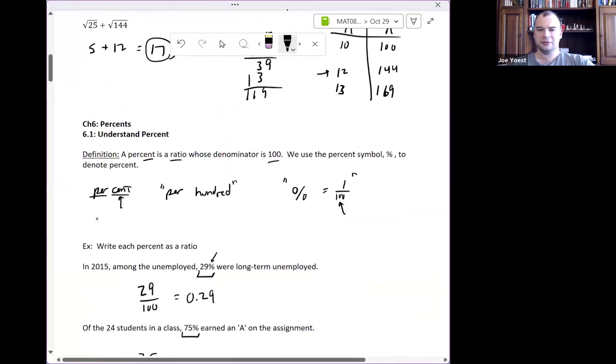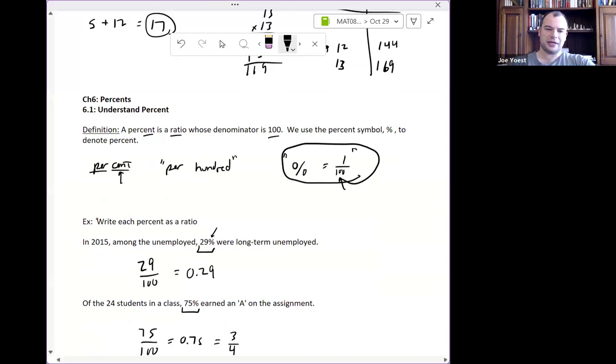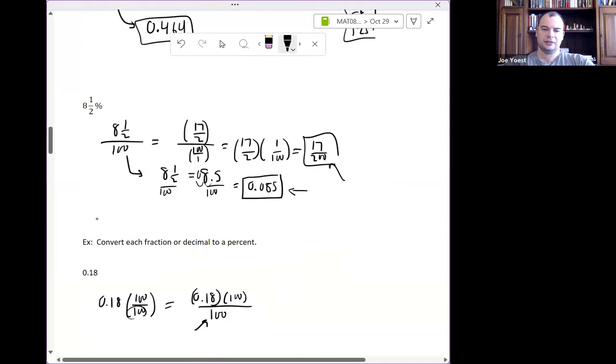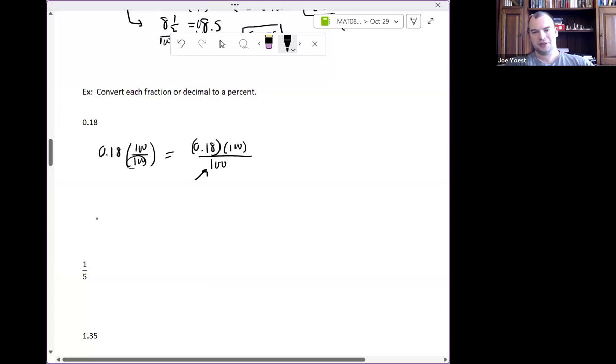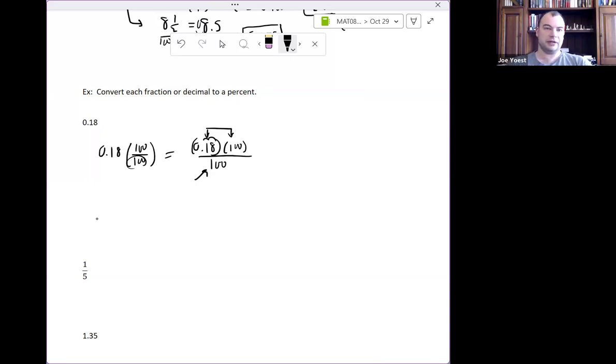where was it up here? That's what's going to turn into the percent sign. So I don't want to mess with that 100 in the denominator, but I want to get everything else as simple as I can. So I would like to multiply my numerator 0.18 times 100. Multiplying by 100 just moves my decimal point 2 places to the right. Right? Dividing by 100 moves it 2 places to the left.